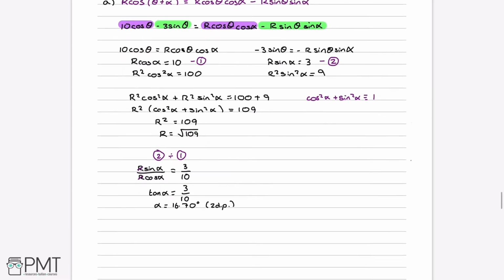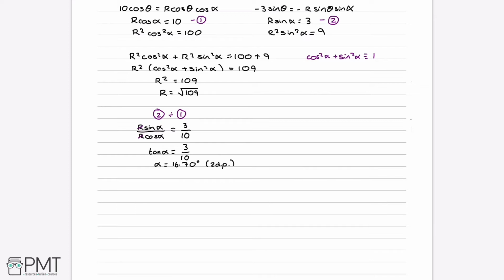So r, as we previously found, is root 109, and then cos of theta plus alpha, with alpha which we've just found to be 16.70 degrees, and that's our answer.